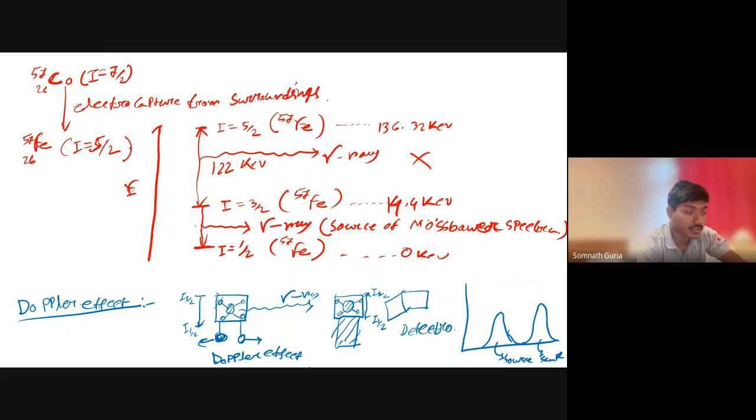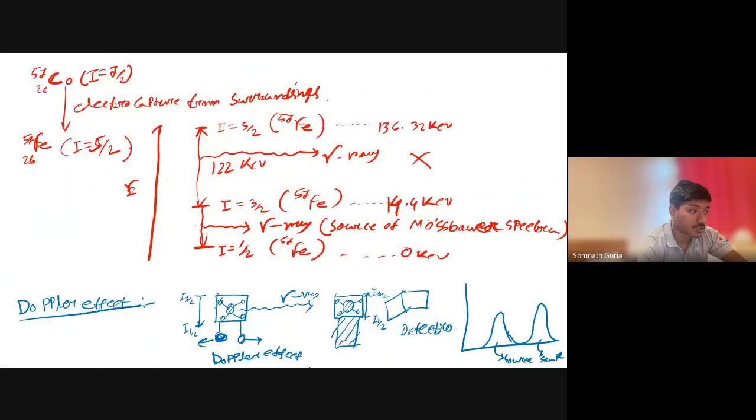And then that 3/2 state decays by gamma ray, which is required for the iron 57 excitation from I equals 1/2 for our sample.